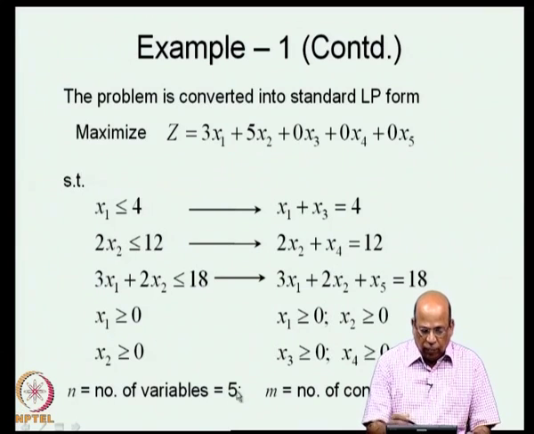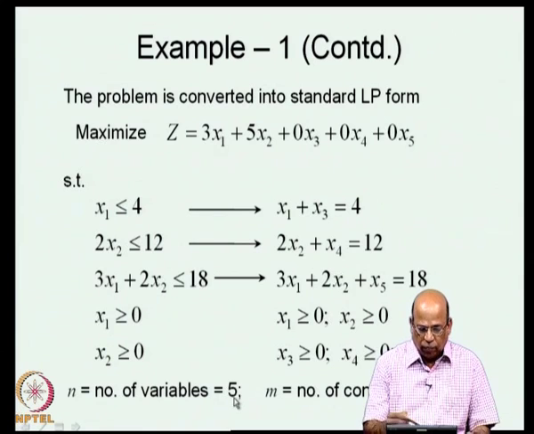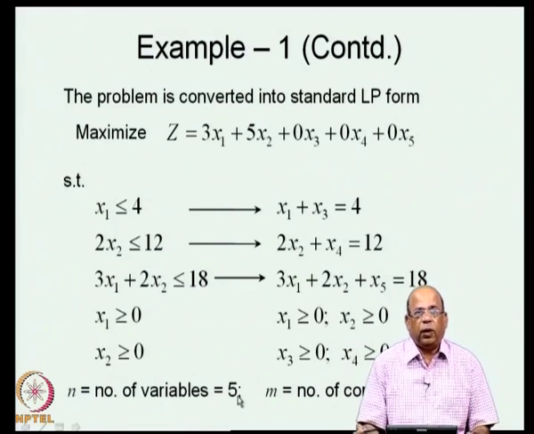So, there are 5 variables now: x 1, x 2, x 3, x 4, x 5. There are 3 constraints or 3 equations. So, m is equal to 3 and n is equal to 5.